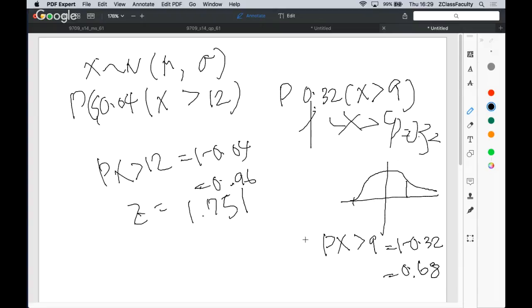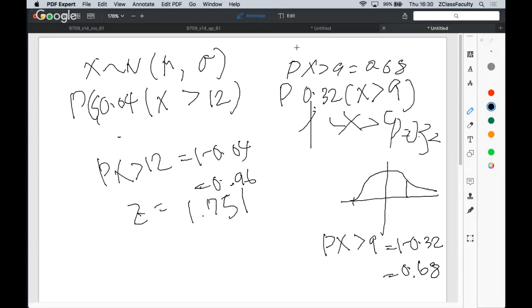So the problem here is, for example, you said the probability of X greater than 9 is equal to 0.68, right?